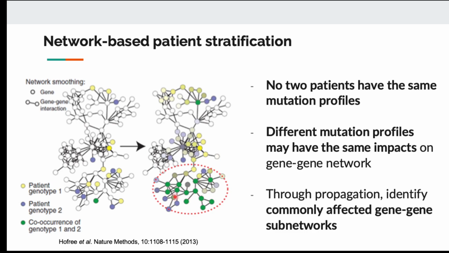In this case, we can identify this part of the network where the blue and yellow signals run into each other, and we see a lot of green colors here. Based on this analysis, we can say that even though these two patients have totally different mutation profiles, this pathway is where they are both affected. So we can find some similarity between them compared to before.